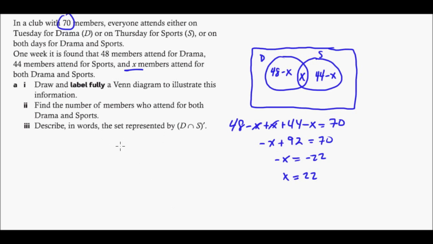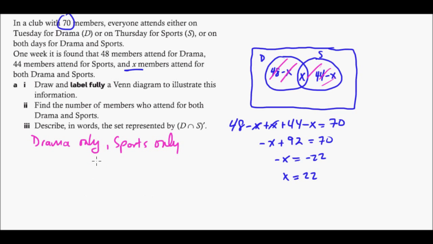And describe in words the sets represented by not D intersection S. What they're talking about there is this right here and this right here. So this is people who did drama only or sports only. Okay, and there you go.